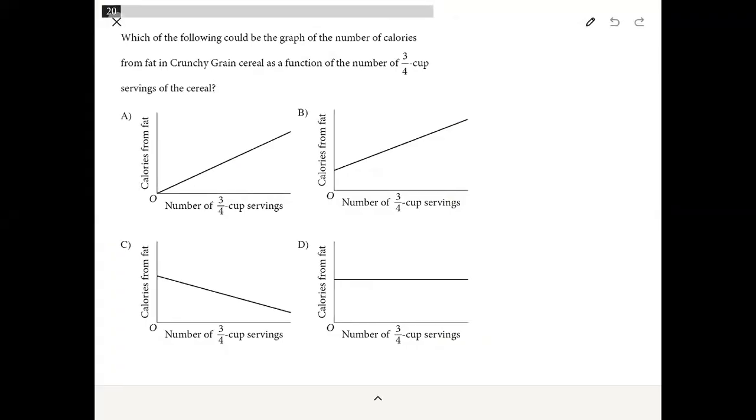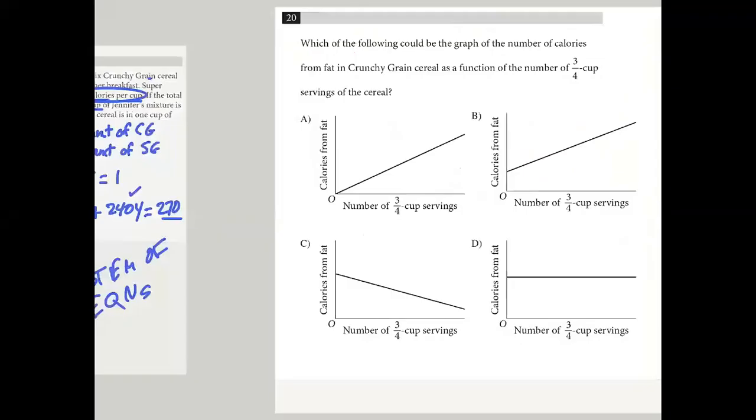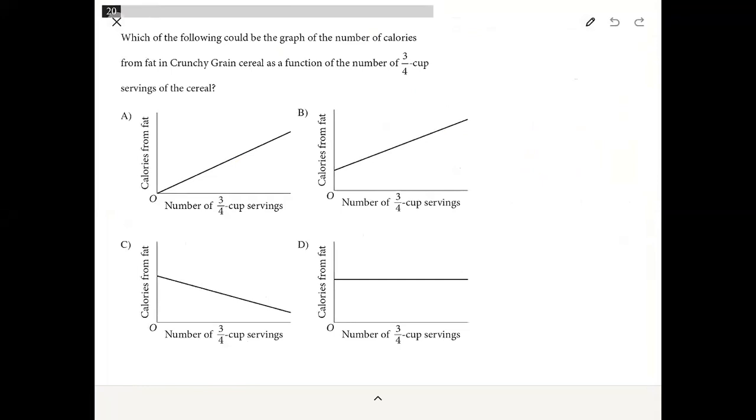All right, this was also connected to this one, okay? So it says, which of the following could be the graph of the number of calories from fat in the crunchy grain cereal as a function of the number of 3/4 cups of cereal, right? So we're graphing the number of calories from fat.